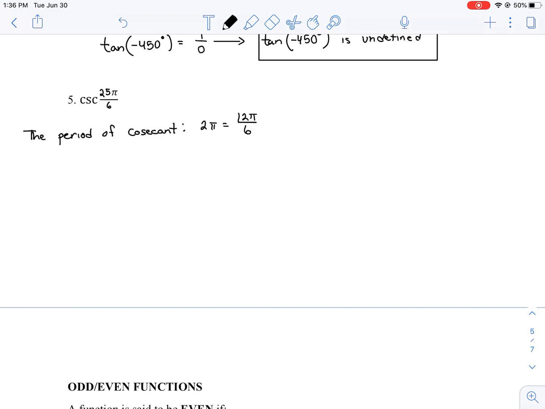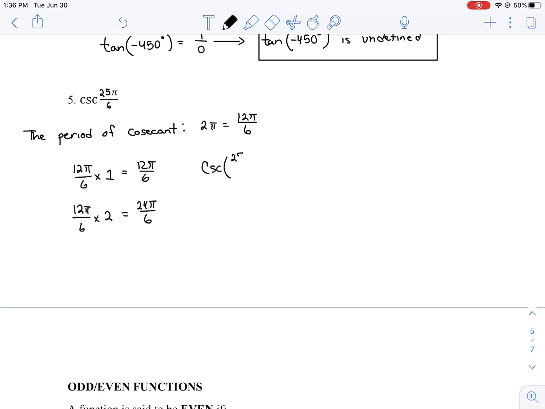So I want to subtract multiples of 12 pi divided by 6 until we get an angle that's within 0 and 2 pi. So 12 pi divided by 6 times 1 is 12 pi sixths. 12 pi sixths times 2 is 24 pi sixths. And I think that will work.